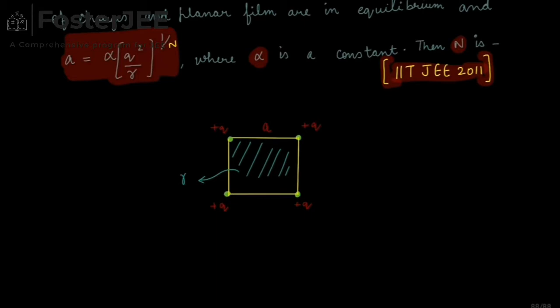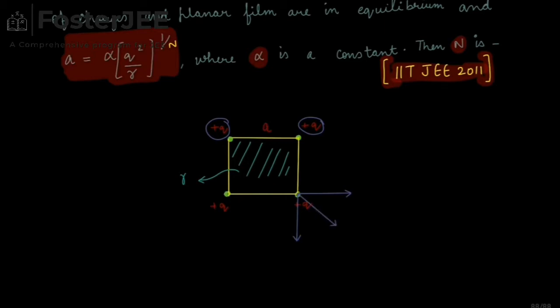If we take any particular charge, let's suppose we take this charge, it will experience an electrostatic force of repulsion due to each of the other charges. Due to this charge, the force of repulsion will be along this direction; due to this charge, towards this side; and due to this charge, along this direction.